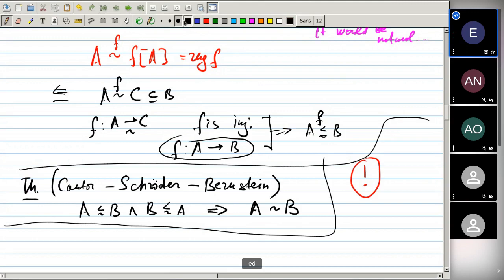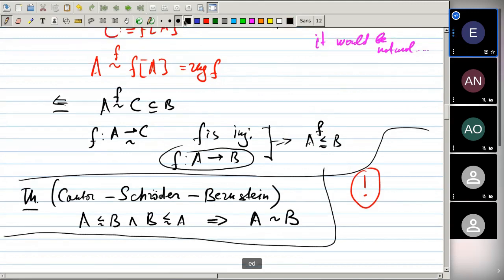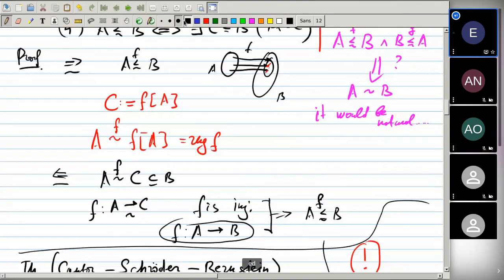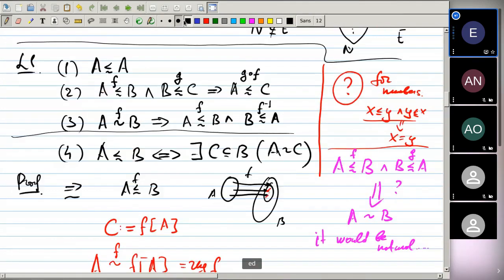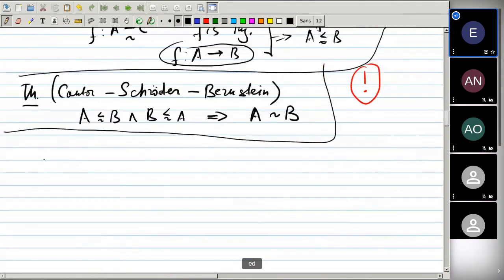Okay. Let's consider some applications of this very important theorem. Okay, the first one will be trivial. So what about proof? Okay, the proof is omitted. We'll just believe this theorem.